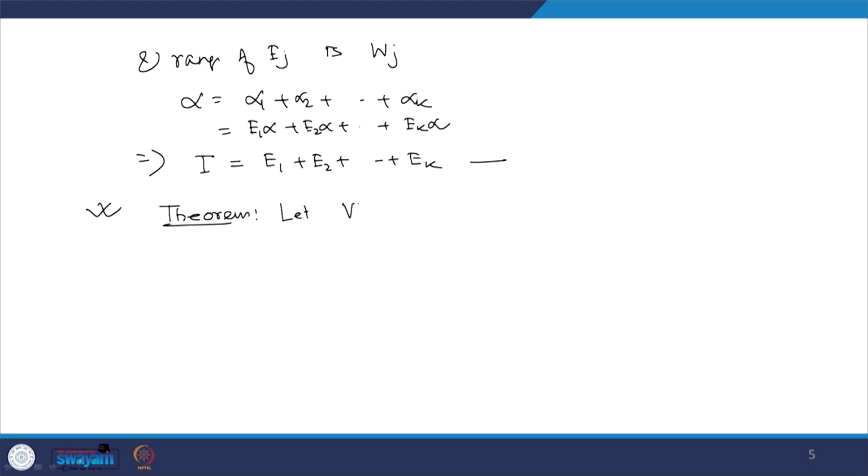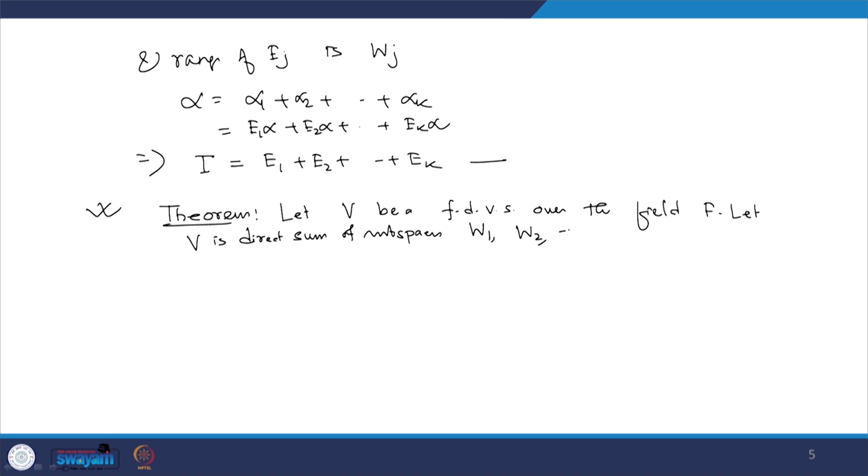Let V be a finite dimensional vector space over the field F. Let V be the direct sum of subspaces W1, W2 and Wk, that is, V equal to W1 plus W2 plus Wk. Suppose this is given to us.